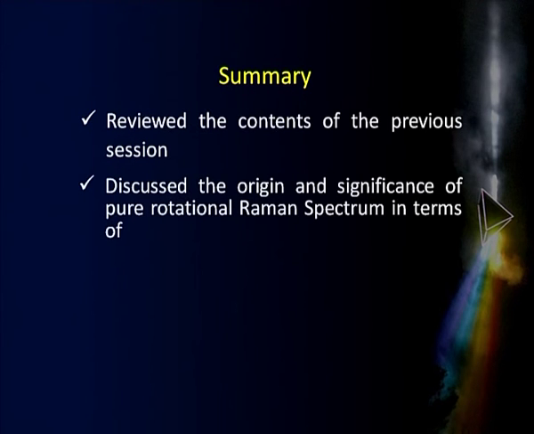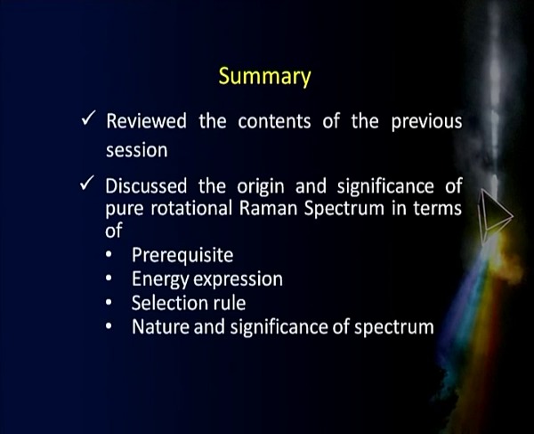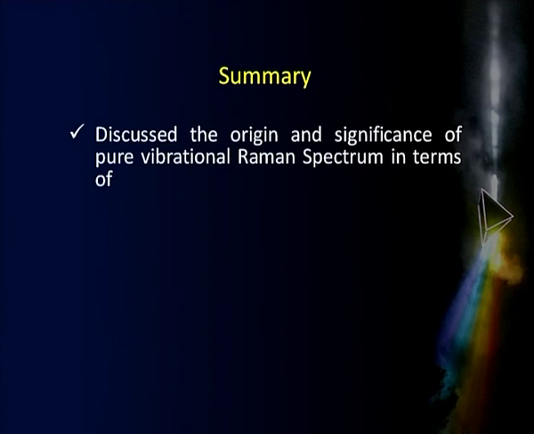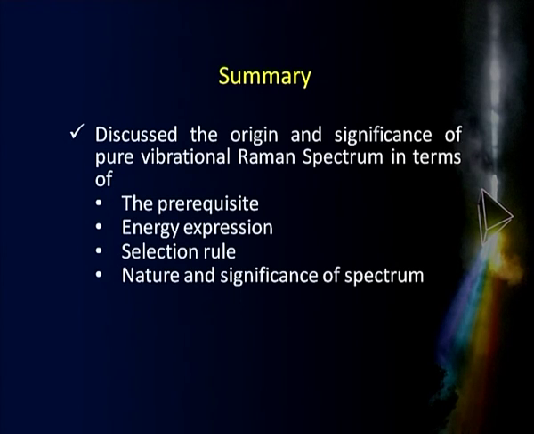Thereafter, we discussed the origin and significance of pure rotational Raman spectrum in terms of the prerequisites, the energy expression, the selection rule, and the nature and significance of the spectrum. Then we took up the origin and significance of pure vibration Raman spectrum, again in terms of the prerequisites, the energy expression, the selection rules, and the nature and significance of the spectrum. And we mentioned the salient features of the spectra. With this we come to the conclusion of our discussion on Raman spectroscopy.